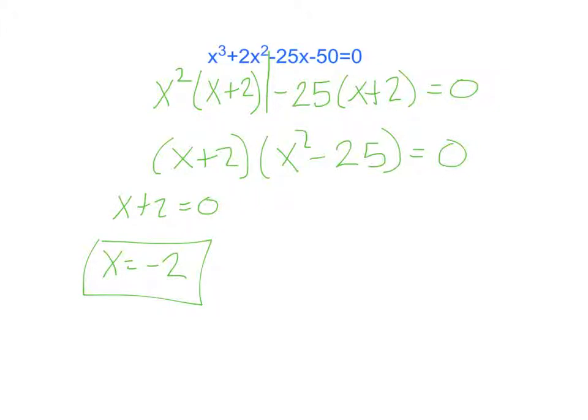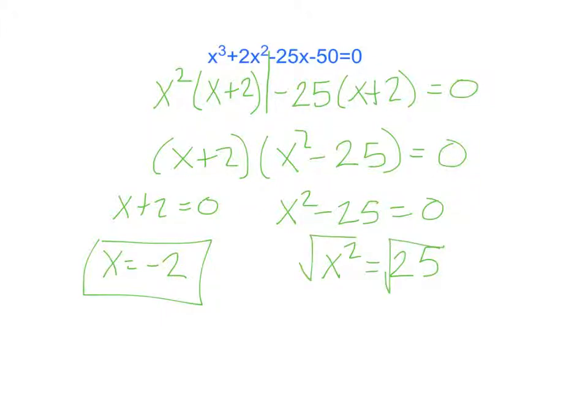Remember what I told you before: if it's an x cubed, I'm going to have 3 answers. So here's my one answer, and I need 2 more. Keep that in mind. When I solve for this one, I have x squared minus 25 equals 0. I add 25, so I get x squared equals 25. Now, to get rid of the x squared, I'm going to square root both sides.